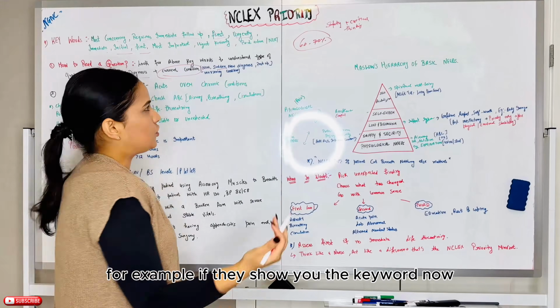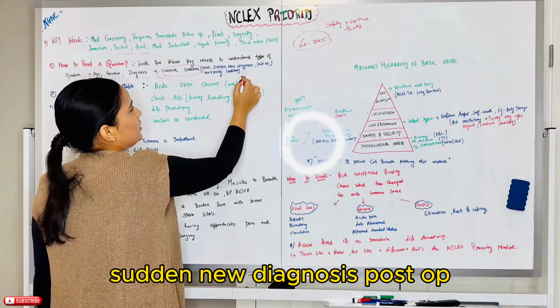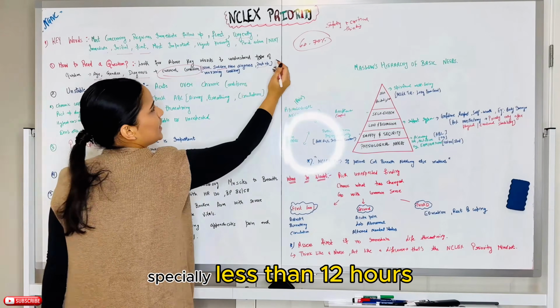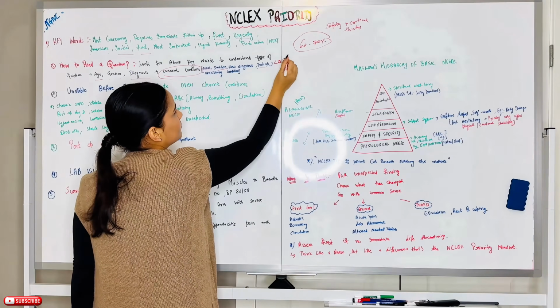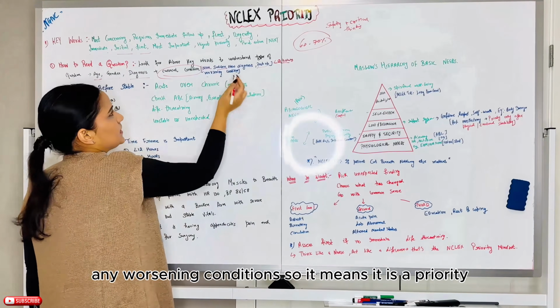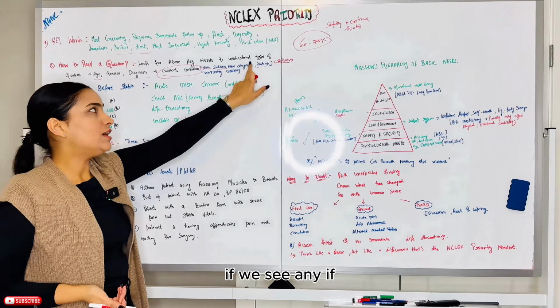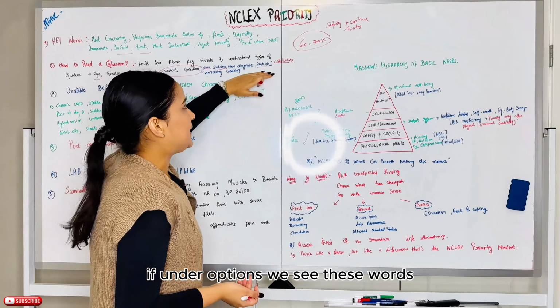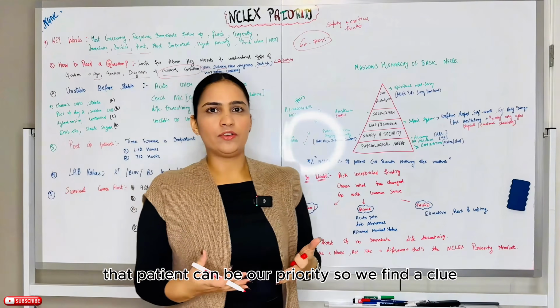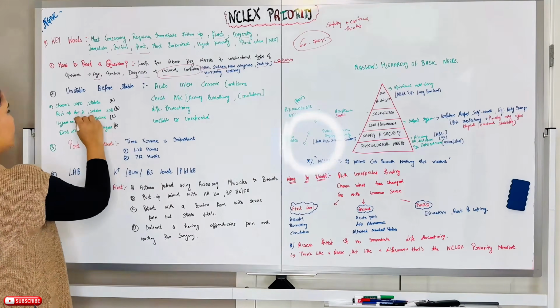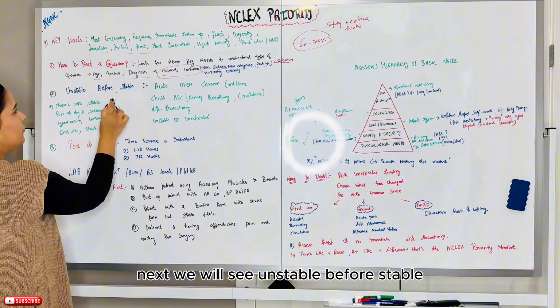For example, if they show you keywords like now, sudden, new diagnosis, post-op, especially less than 12 hours, or any worsening condition, it means it is a priority. If we see these words under the options, that patient can be our priority, so we find a clue. Next, we will see unstable before stable.